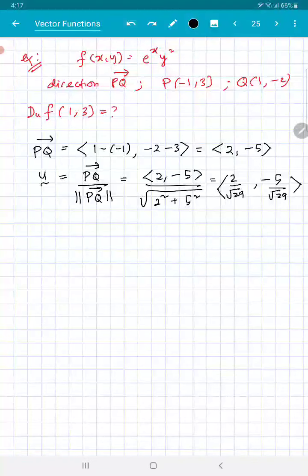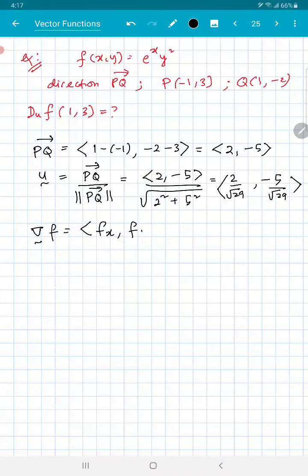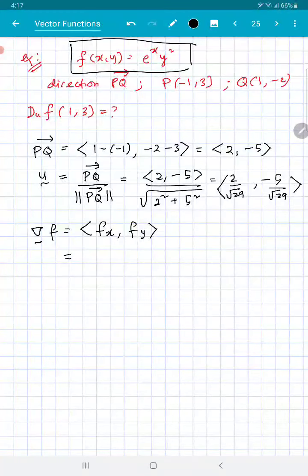Okay, now we need del f, the gradient of f, which is really partial f partial x i plus partial f partial y j. Differentiate f with respect to x by holding y as a constant. So the x component would be e^(xy) y squared, and for the y component, differentiating f with respect to y, we get 2e^(xy) y.